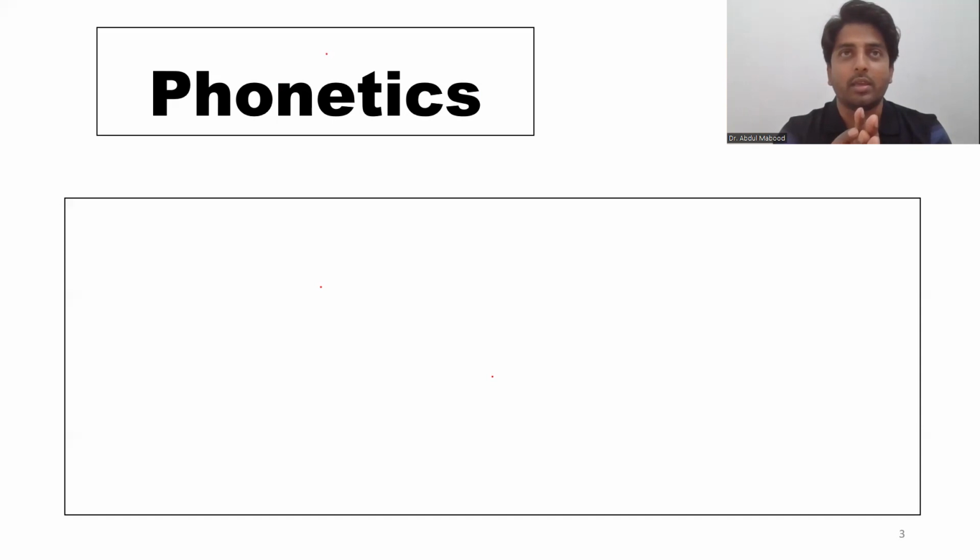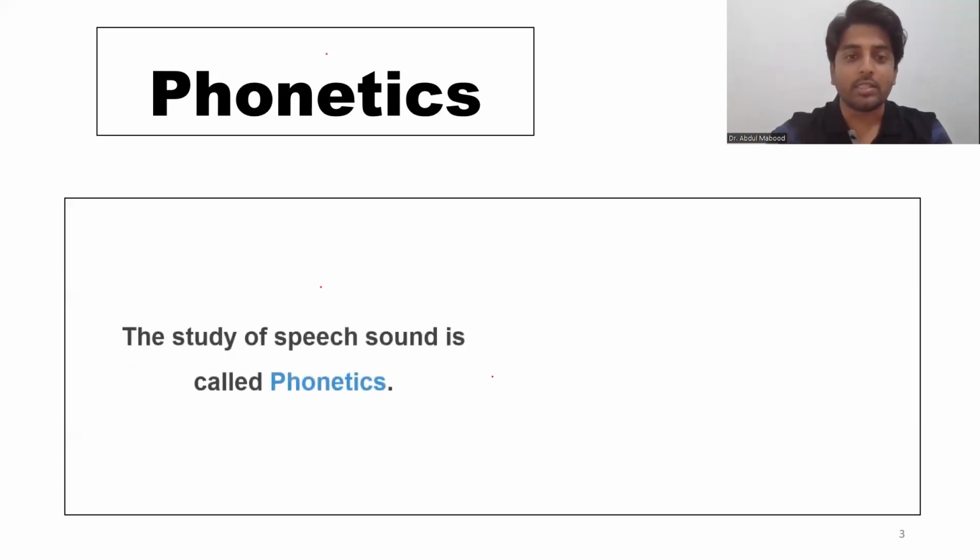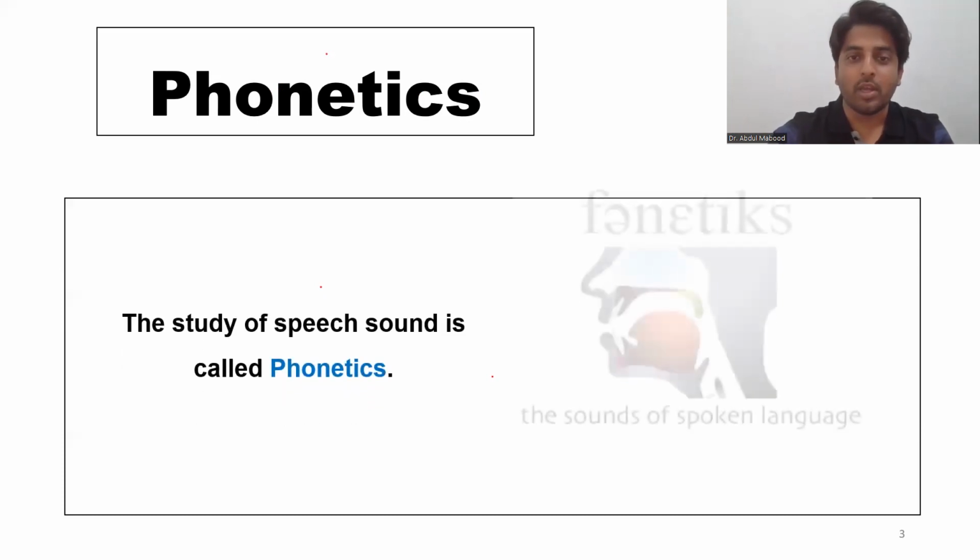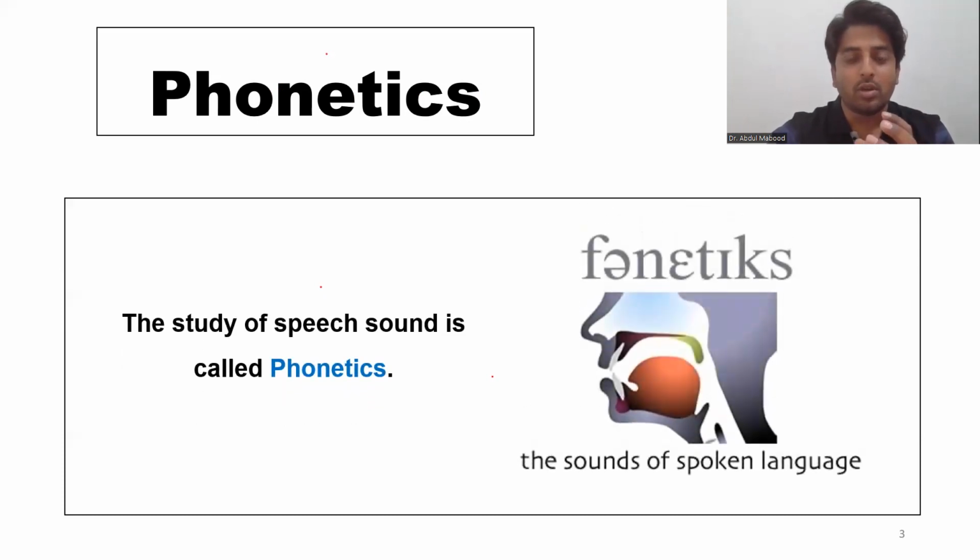Or if you talk about some other sounds, like sounds coming from drums or a running car, phonetics does not consider those sounds. It considers only the speech sound, only the sounds which are spoken by human beings.